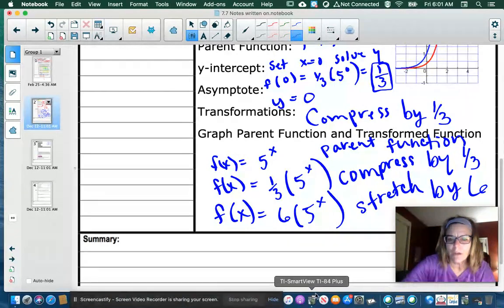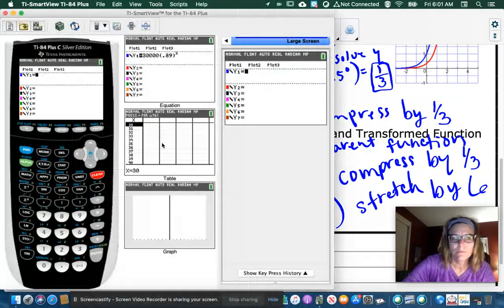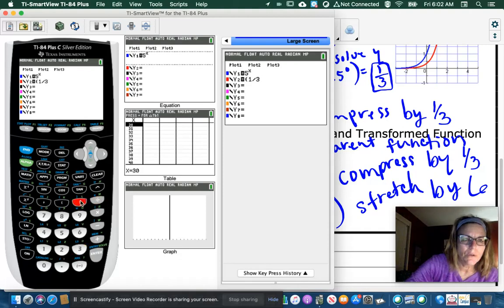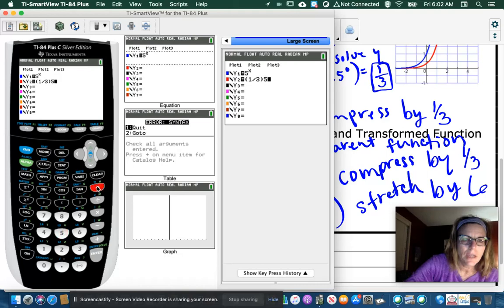So we grab out our calculator, and in the y equals button, we're going to type 5 caret x, and then arrow down. In the y2, I put the 1/3 in parentheses because I never know if I need to or not, and then 5 caret x.